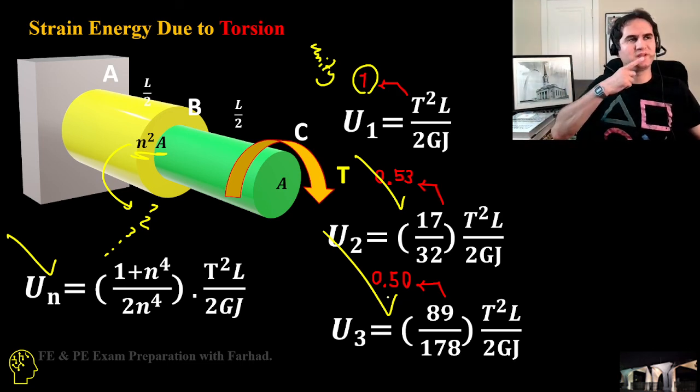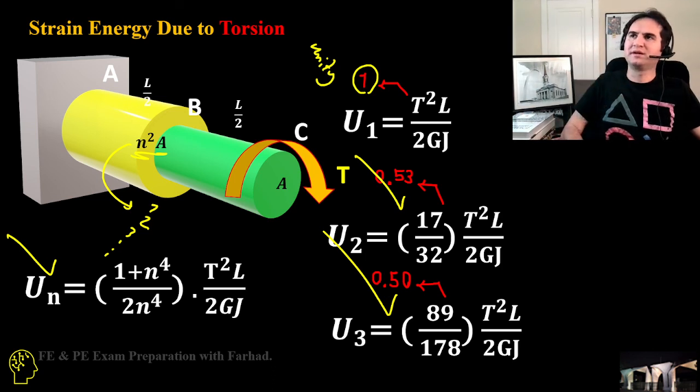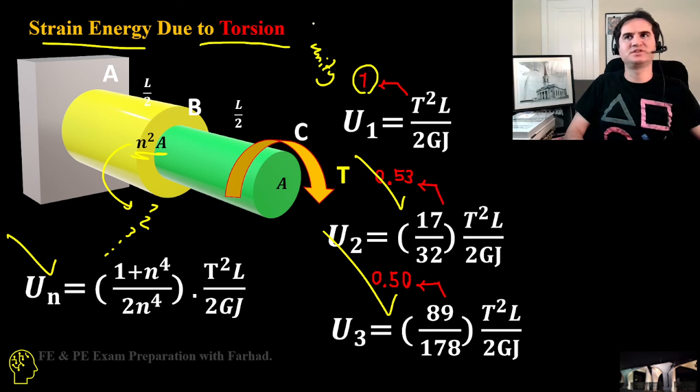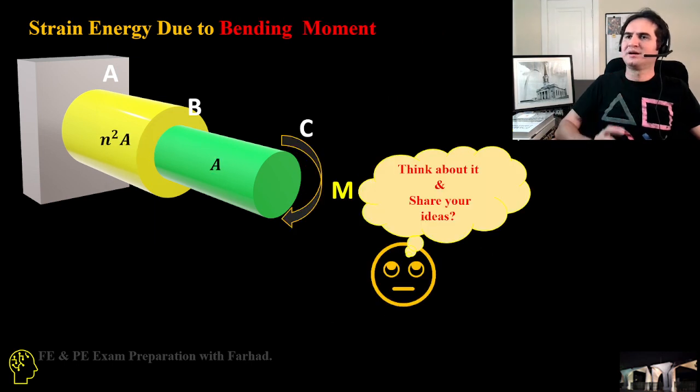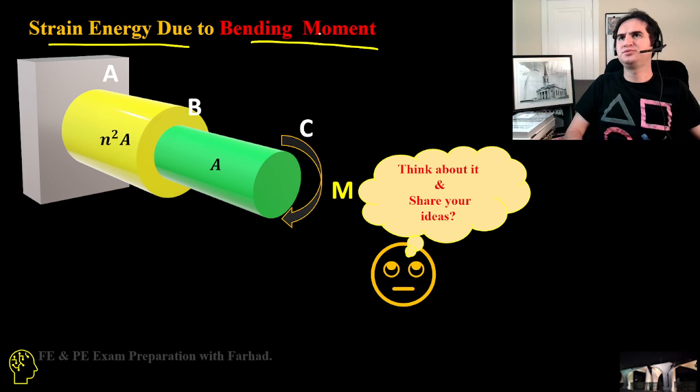You can also make a comparison of strain energy due to torsion with strain energy due to axial force, or normal stress. And just think about the strain energy due to bending moment if we have the same configuration and a bending moment applied at the very end.